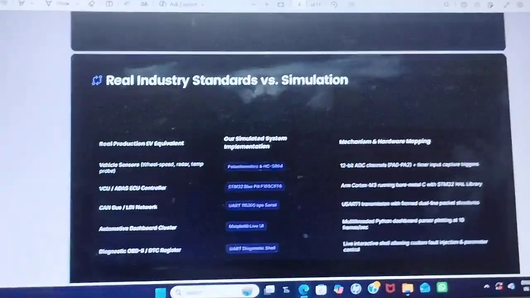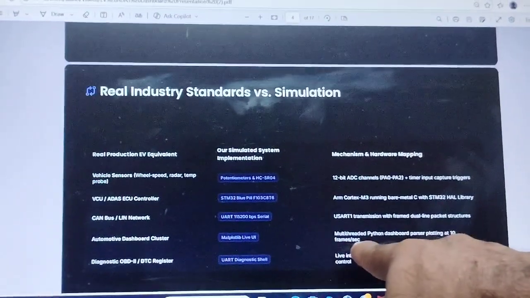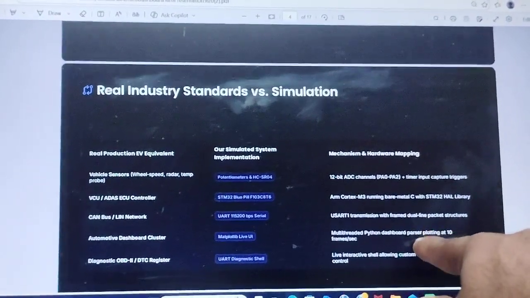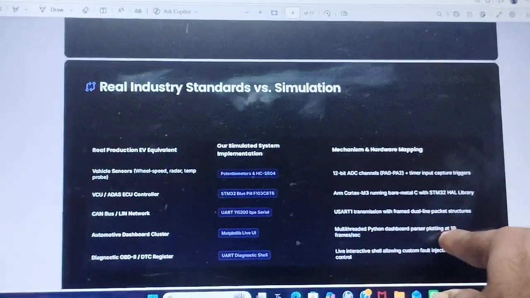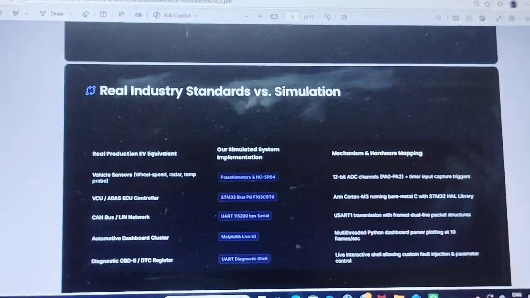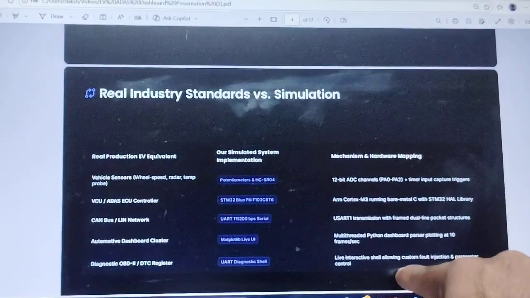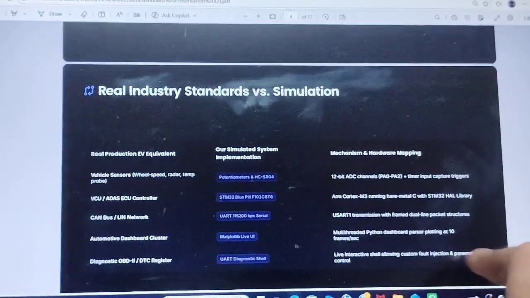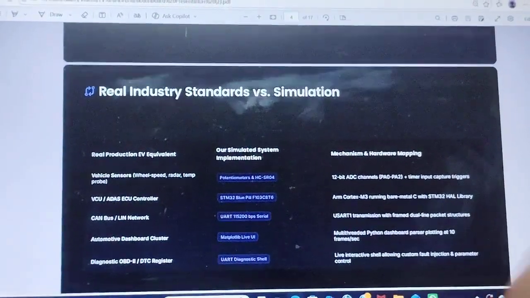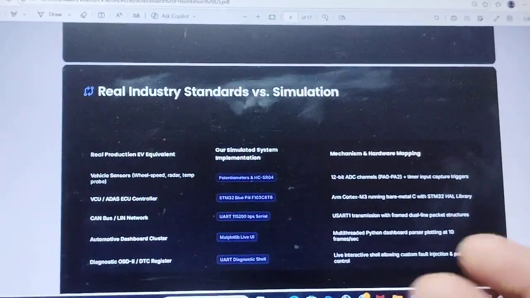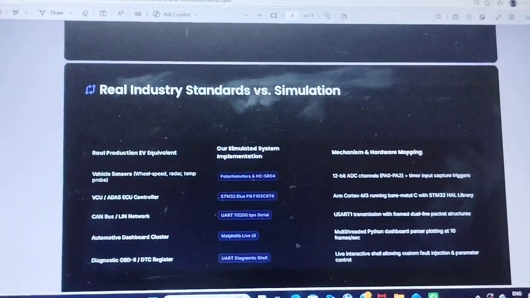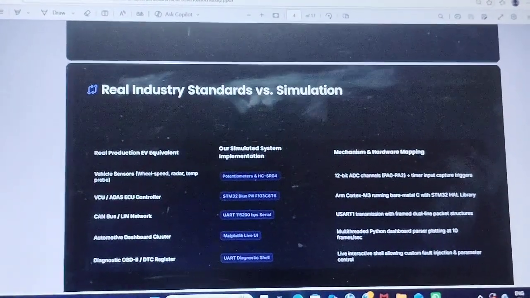In mechanism and hardware mapping, a multi-panel Python dashboard processes loading at 10 frames per second. In diagnosis, a live interactive shell allows custom fault injections and parameter control. With these methods and simulations, we can avoid collisions or accidents in real time.